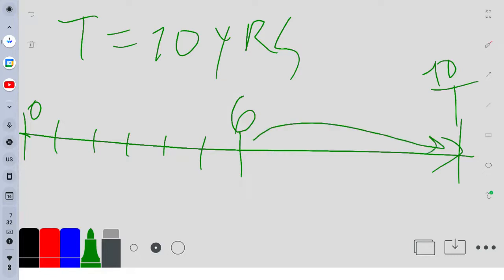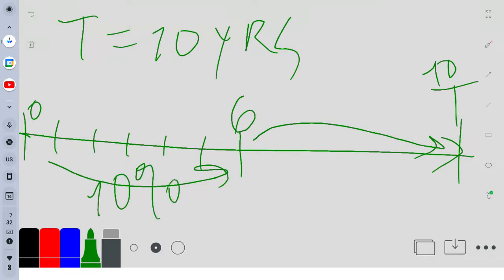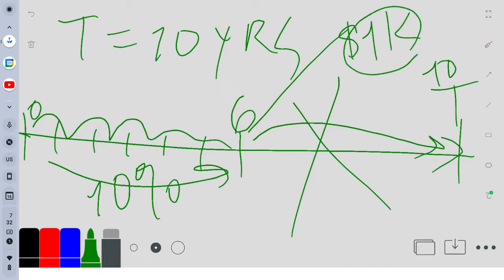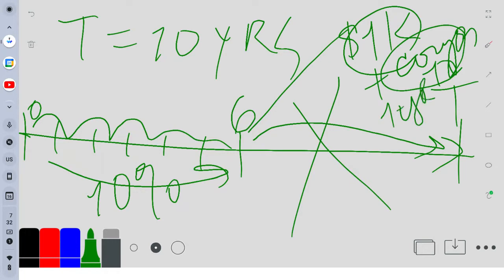That means until then, they were getting 10% interest every year, but from year 6, nothing. They got their principal back, in other words the face value of 1K, plus just one more year of coupon.